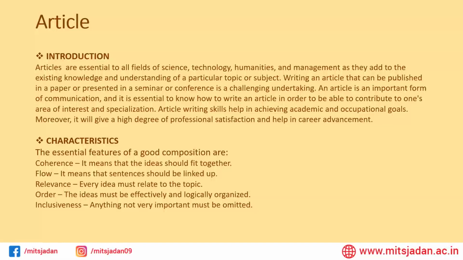Order is basically the chronological order. Sentences, events, and incidents must be placed in our article in a 1, 2, 3, 4, 5, 6 and so on pattern. That is the order. And inclusiveness: we are supposed to include only the relevant information. Irrelevant information must be omitted. So these are the characteristics which are supposed to be kept in mind.